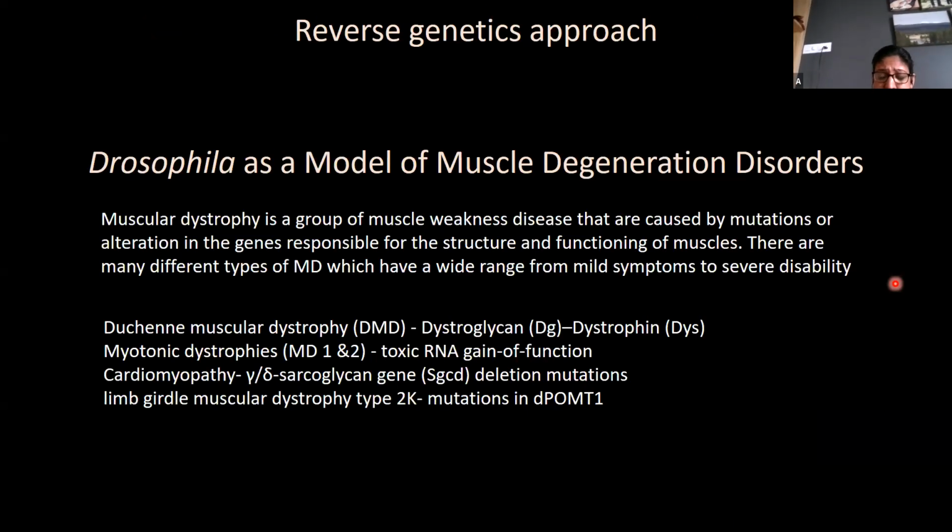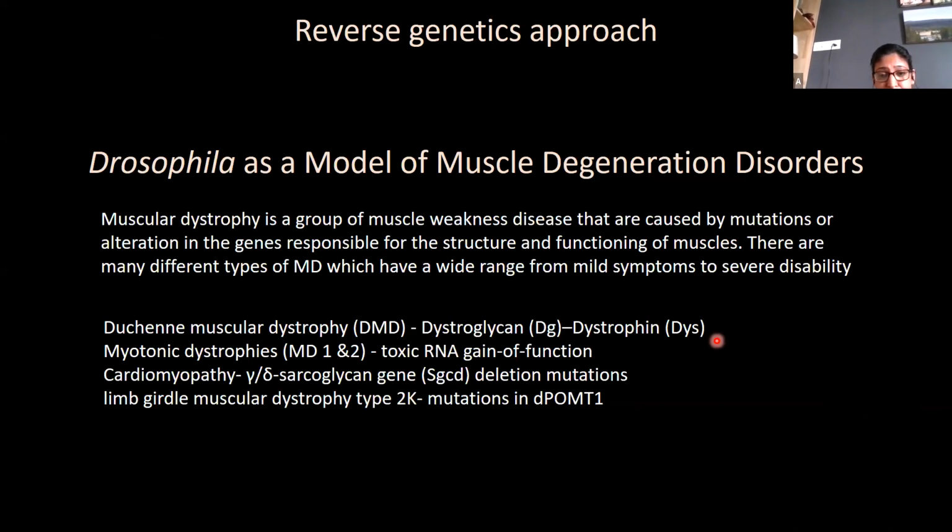Okay, so this was all neurodegeneration. People have also modeled Drosophila for muscle degeneration, or muscular dystrophies. I have listed some of these here. The majority of these are muscular dystrophies linked to two proteins, dystroglycan and dystrophin.